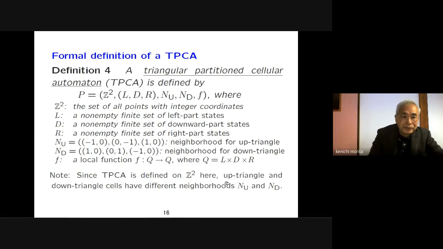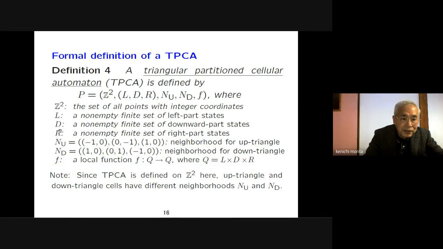A triangular partitioned cellular automaton TPCA P is formally defined as follows. Here, Z square is the same as before.